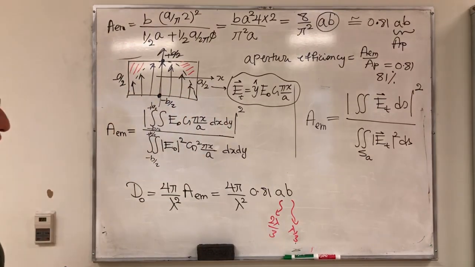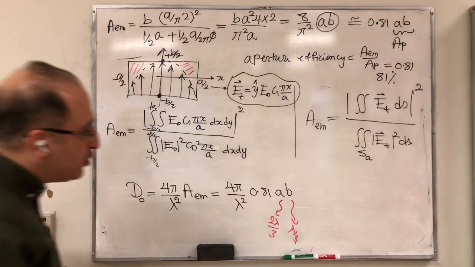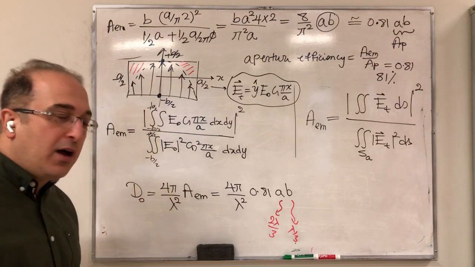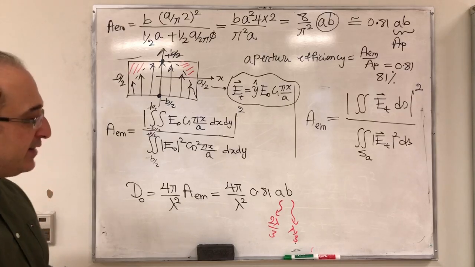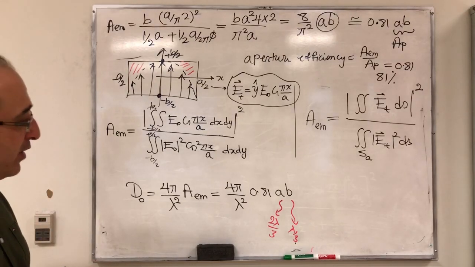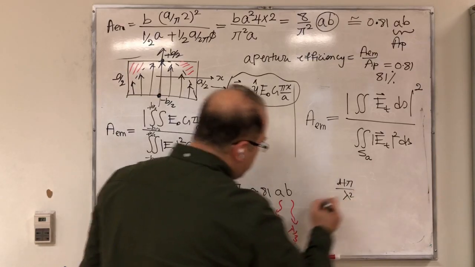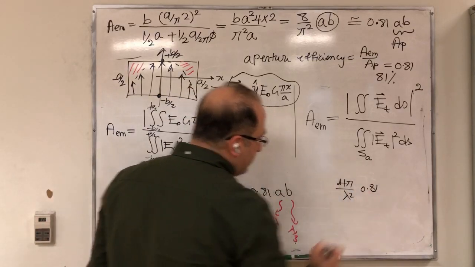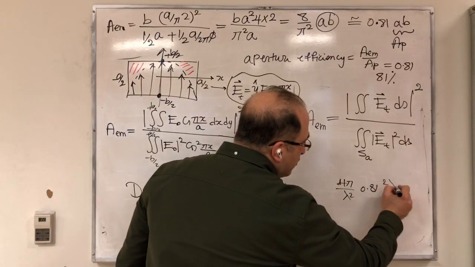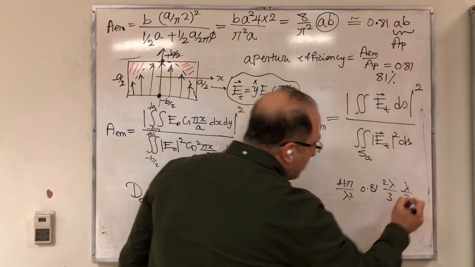So this is just an approximation here, but it's good to put these numbers to get an idea of the type of directivity that we can get. So if I have these numbers here, I'm going to get 4 pi over lambda squared, then I'm going to have 81%, then I'm going to have 2 lambda by 3, lambda by 3.